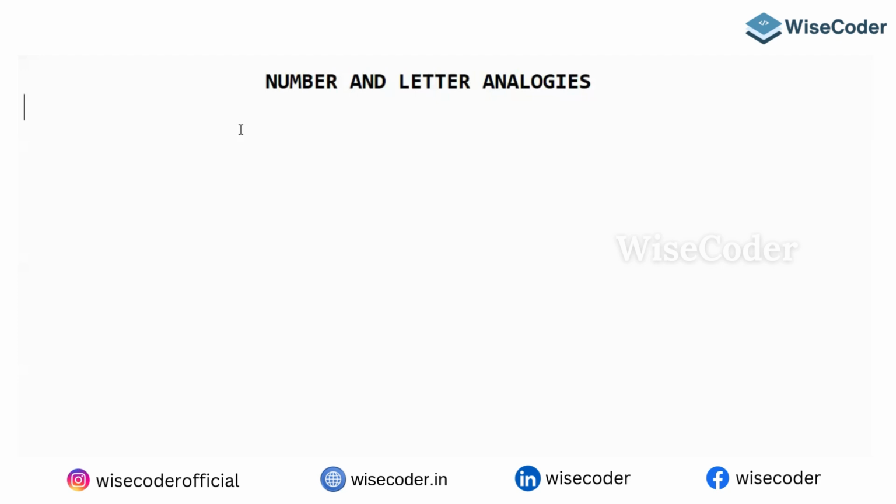There are varieties. Please note it down. One number is a multiple of the other. Point number two, one number is the square or square root of the other.